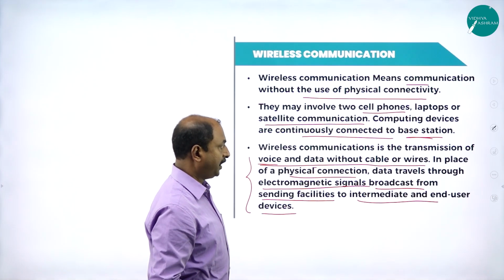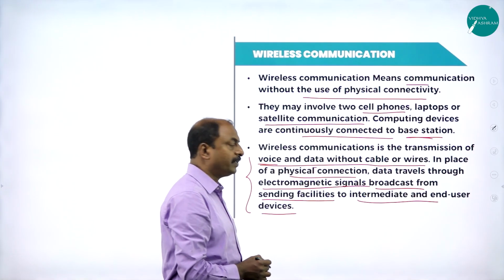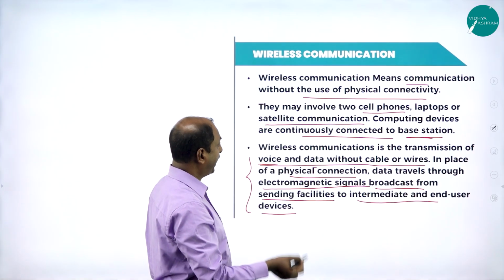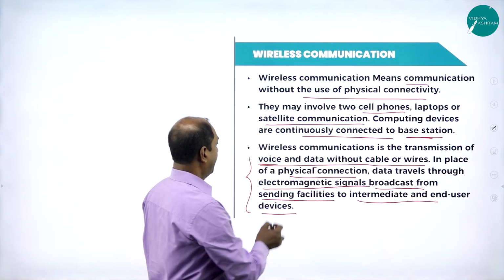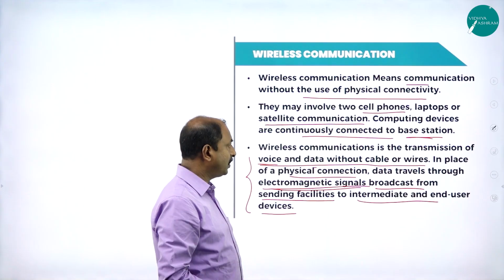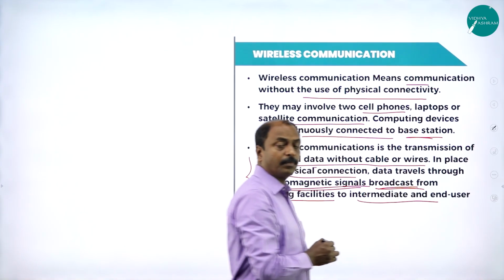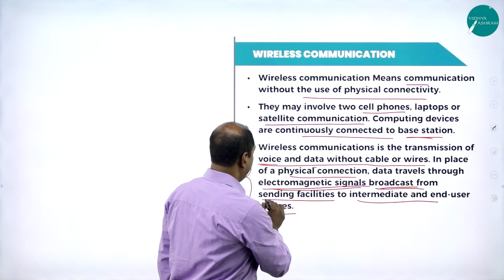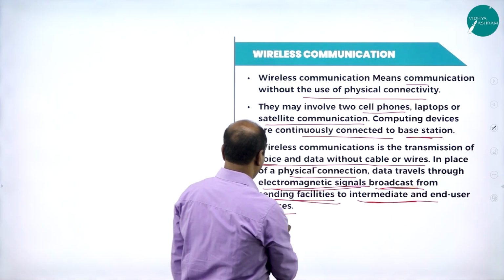So what is the process here? First, the data and the information is going to be transmitted not through physical cable or wire, but through electromagnetic signals, that is, sine waves. This signal is broadcast from sending facilities to the intermediate station and end user devices.